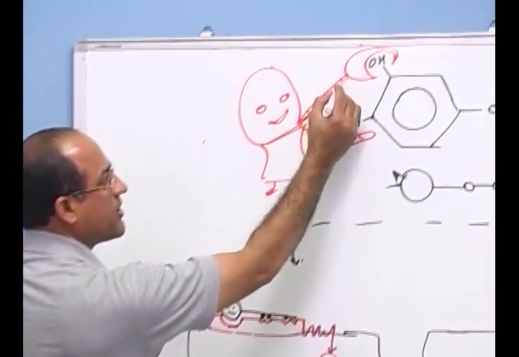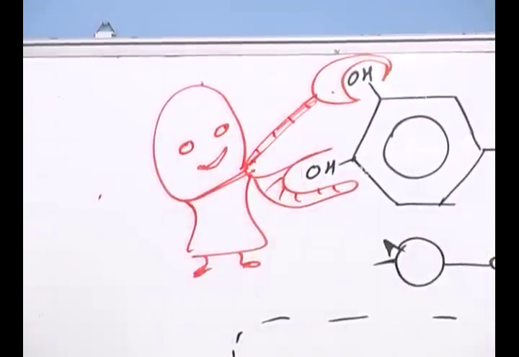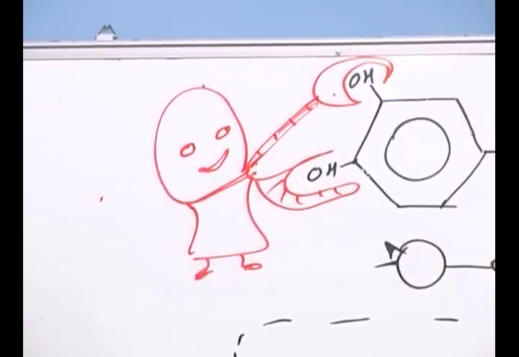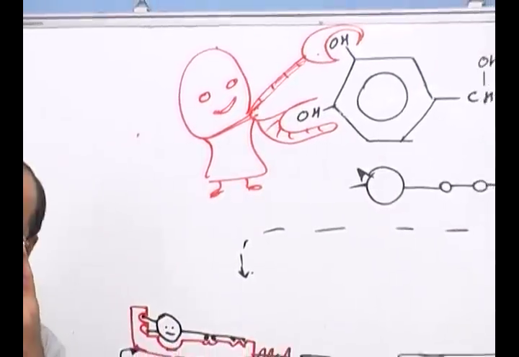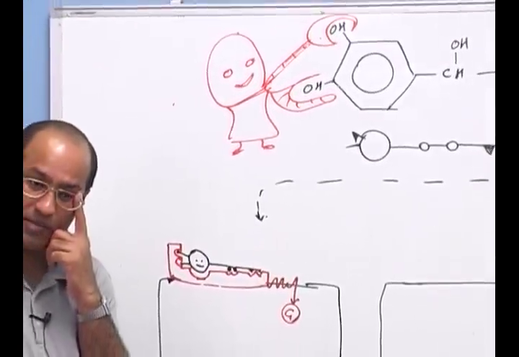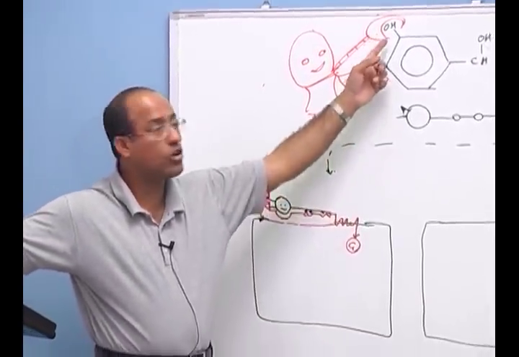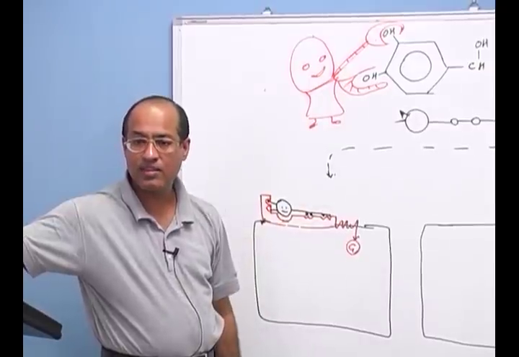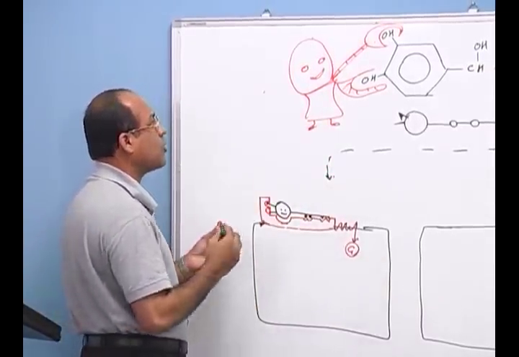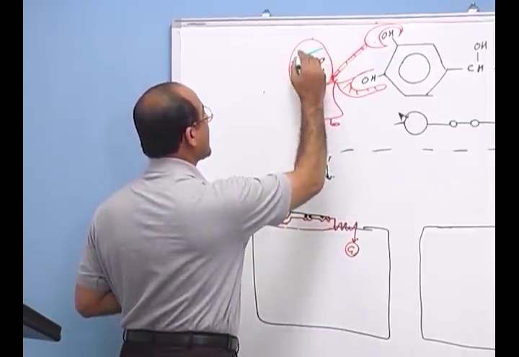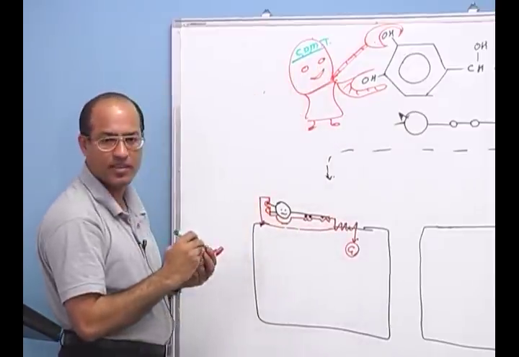These hydroxylation points. And then it will remove their hydroxyls, or maybe add a methyl. There is a molecule, an enzyme in your body, and catecholamines come. We call this enzyme catechol-O-methyl transferase. Catechol-O-methyl transferase.